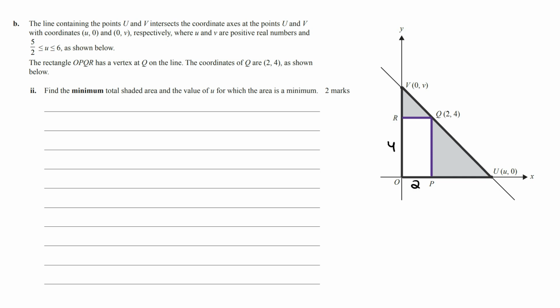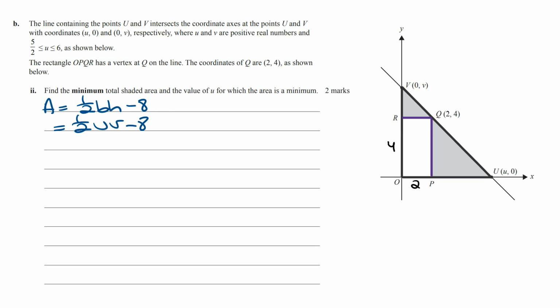And so we can write the area of the shaded region as a half times base times height, which is the area of the triangle, minus the area of the rectangle, which we know is 8 square units. The base of the triangle is u units, and the height of the triangle is v units. And so this is going to be a half times u times v minus 8.